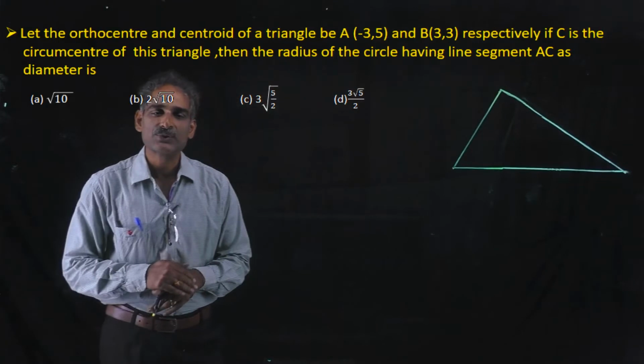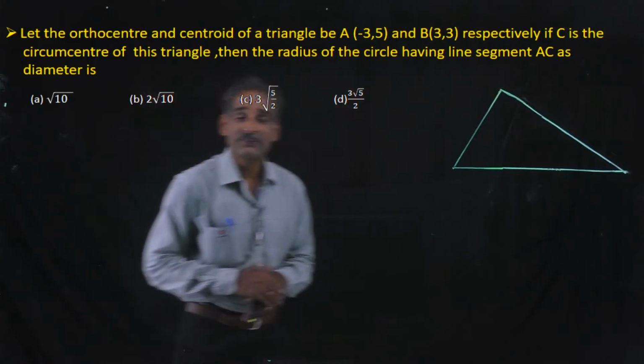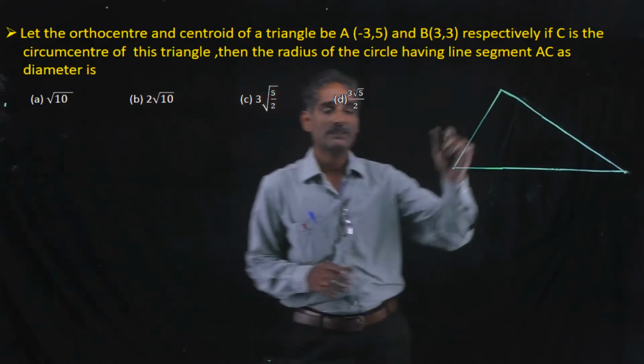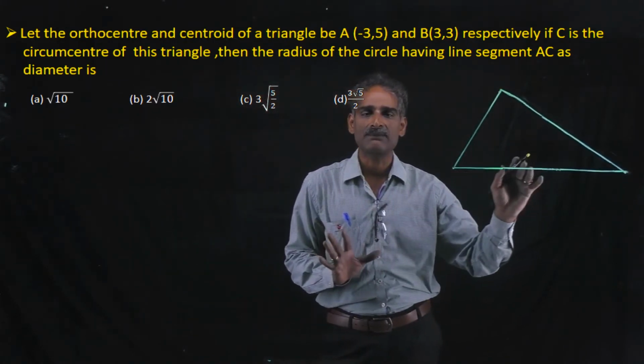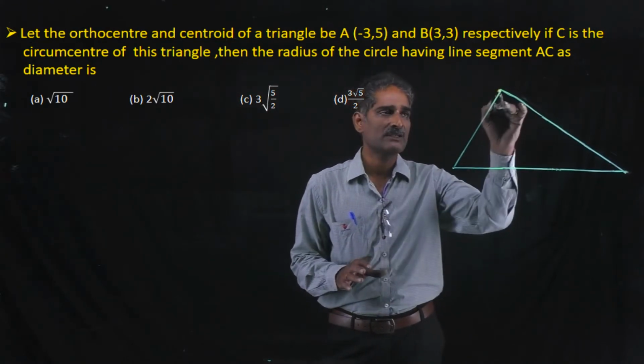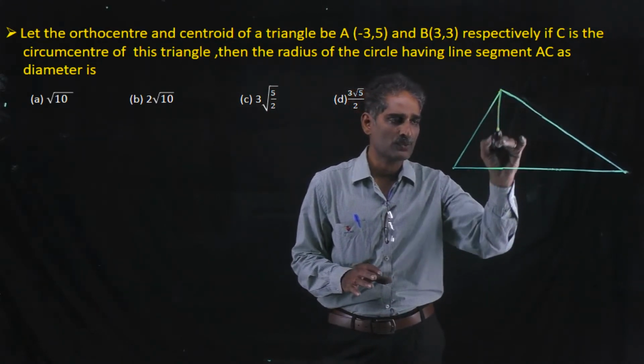Okay. So here the orthocenter and centroid are given. So let us consider this is the triangle. Here the orthocenter A is minus 3, 5. Orthocenter must lie on altitude.